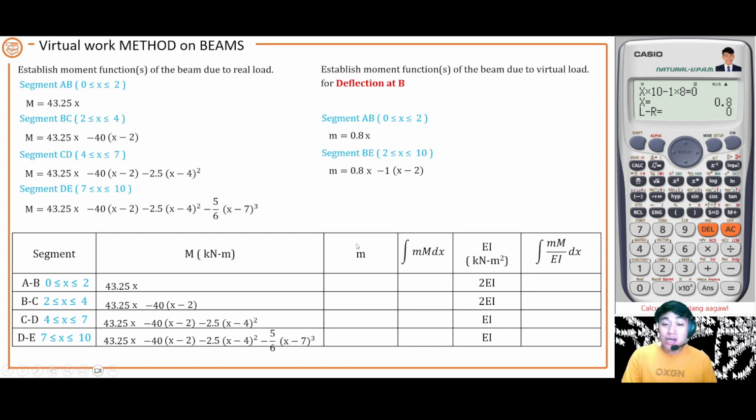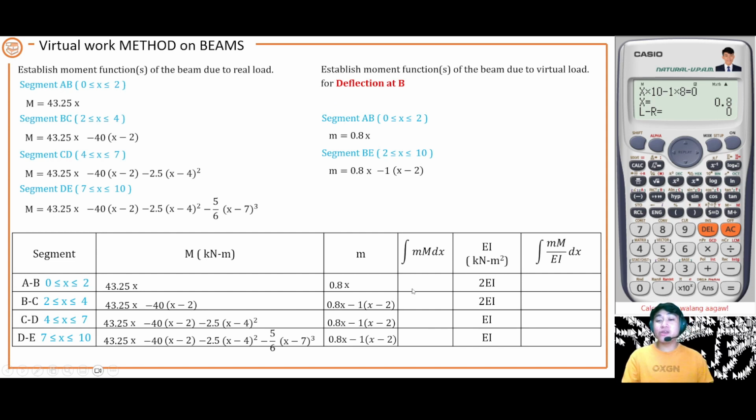But for the virtual load, small letter m, it will change depending on the point and the locations. So for segment AB we have 0.8. For the entire segment BE, covering BC, CD, DE, we have these moment functions.